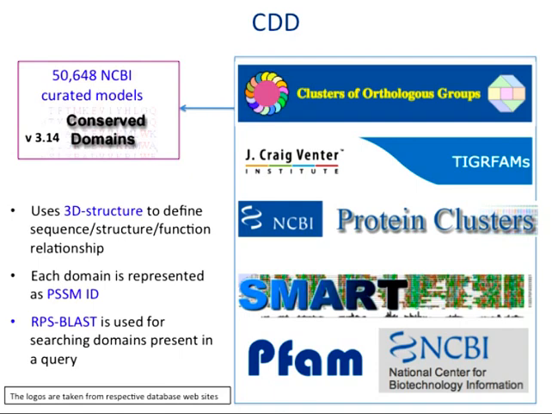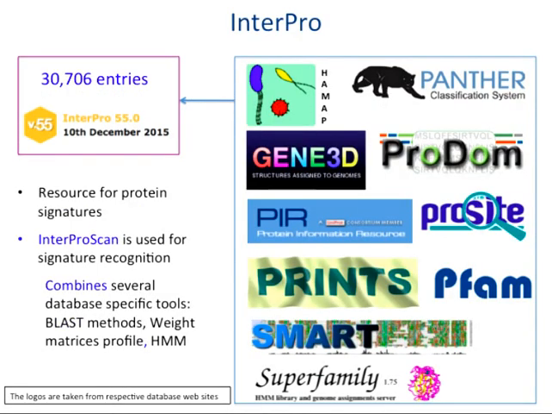CDD uses 3D structure to define sequence-structure-function relationships, and it uses RPS-BLAST to query these position-specific scoring matrices. RPS-BLAST is another variant of BLAST, where BLAST can be used to query proteins, and RPS-BLAST can be used to query position-specific scoring matrices. The second dataset is InterPro, which is also a collection of about 10 domain databases.